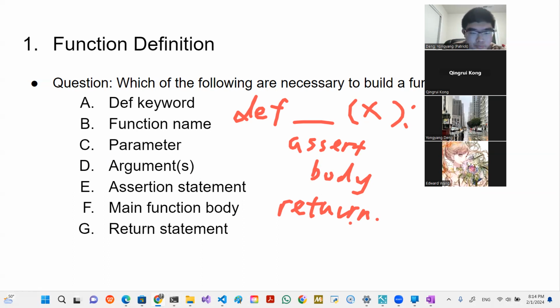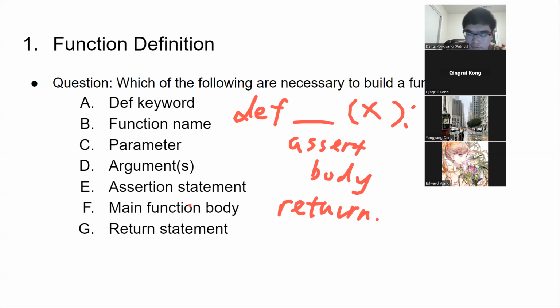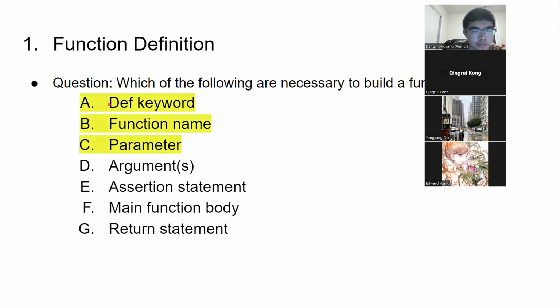All right. Okay. So the answer is def keyword, function name, and parameter. As I said, the def, the name, and the parameter are the three basic things you need to create a function.